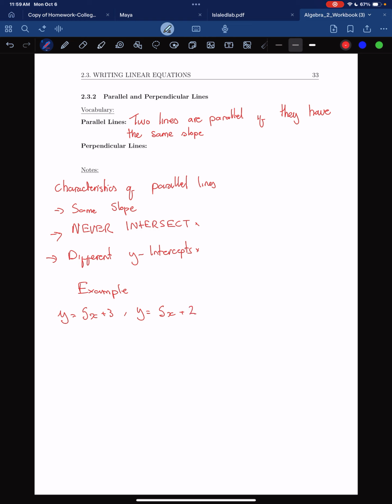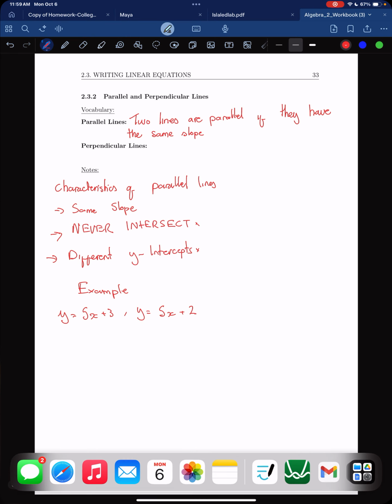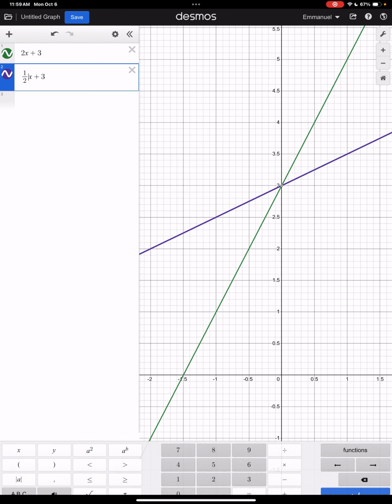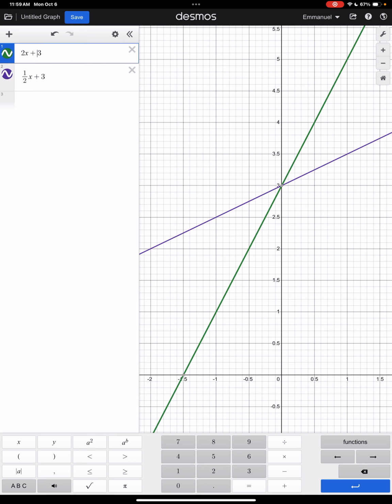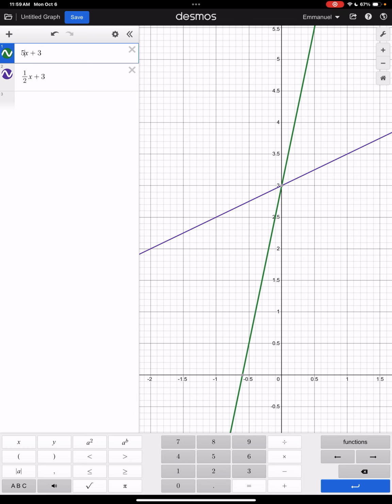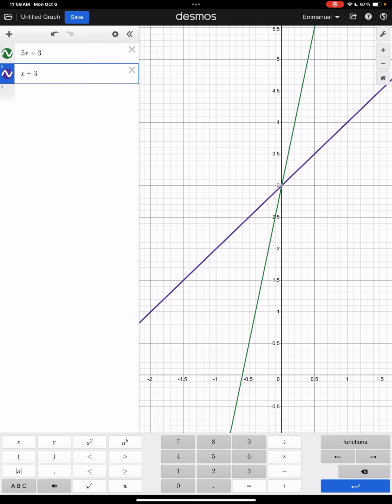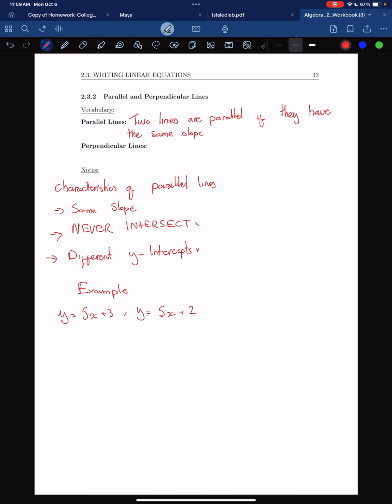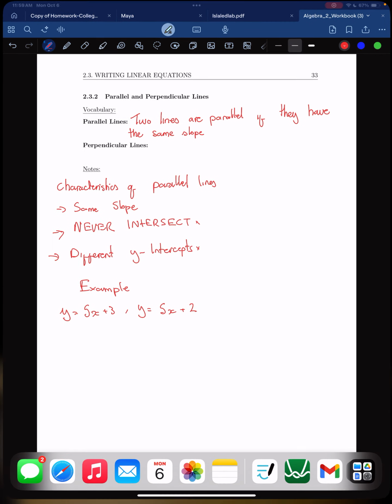All right? So that's my example. So let's go to my Desmos app right now. Oops, so I said 5x plus 3. Let me graph my 5x plus 3. So that's in green. And if I graph 5x plus 2, I think those are my equations, right? Yes.